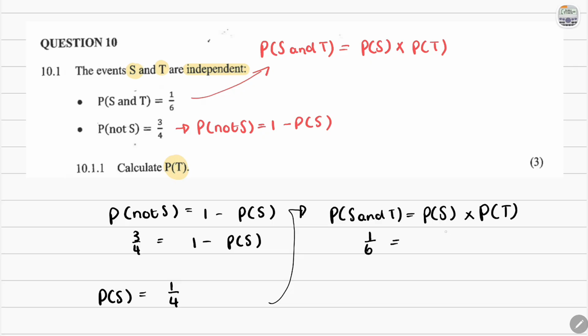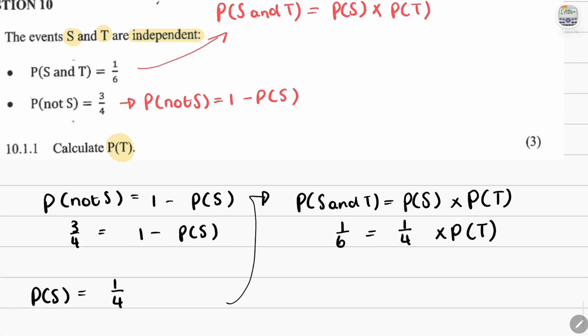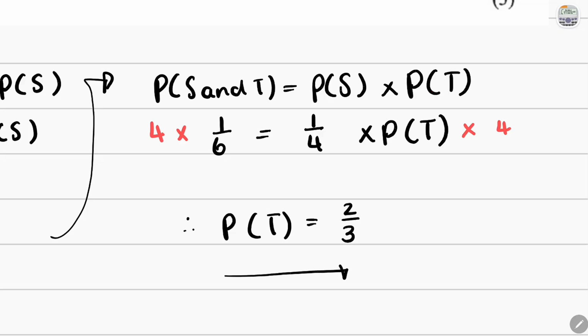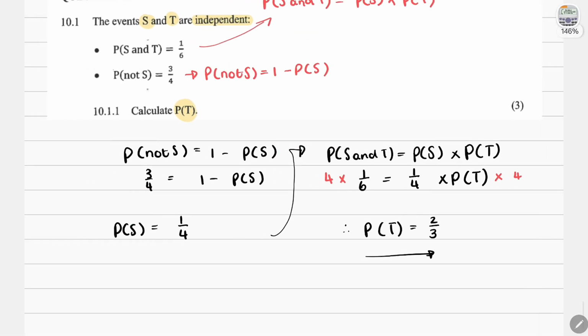So 1/6 is equal to the probability of S, which we found to be 1/4, multiplied by the probability of T. And now to solve for the probability of T, we can divide both sides by 1/4 or just multiply both sides by 4. So this means that the probability of T is finally equal to 4/6, which is 2/3. And that is our answer. Moving on to the next question.